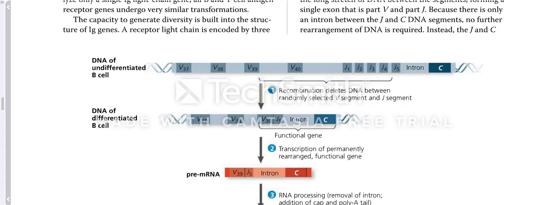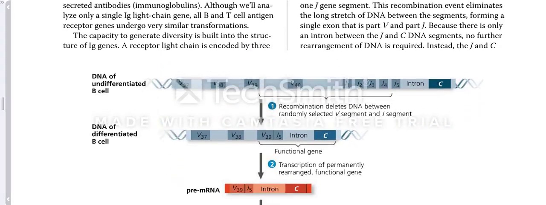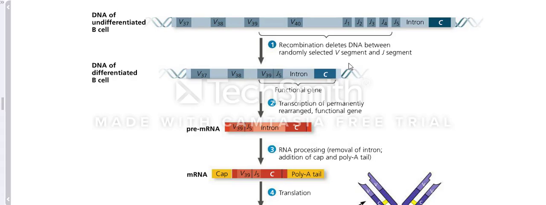The combination that's going to happen, and how we get so many different varieties from a single starting point, is that an enzyme complex called recombinase is going to come in here, and you can sort of think of everything that it removes as an intron, and the intron is going to be removed for RNA processing.